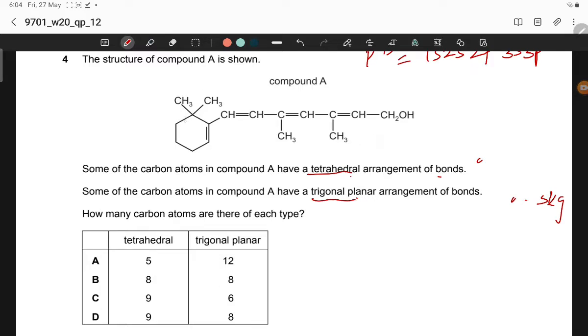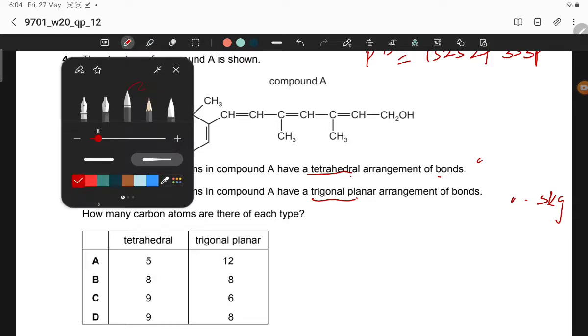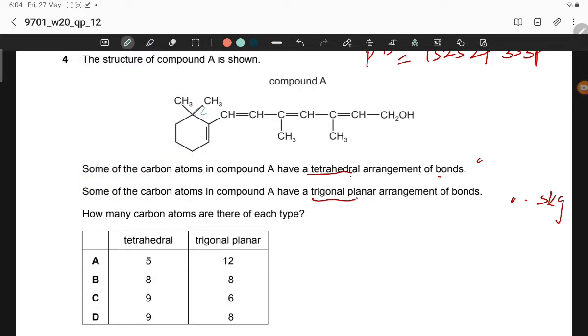So this is tetrahedral, this is tetrahedral, this is tetrahedral, this is tetrahedral. This carbon is also tetrahedral.